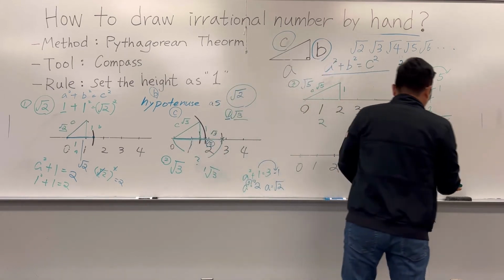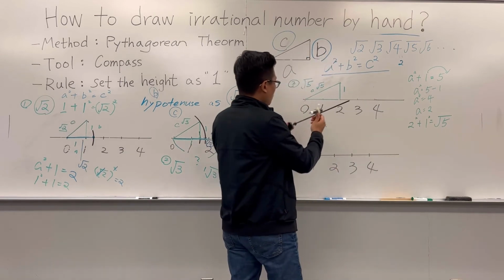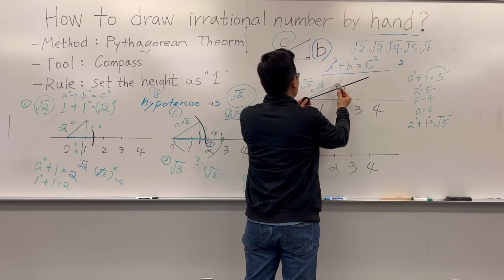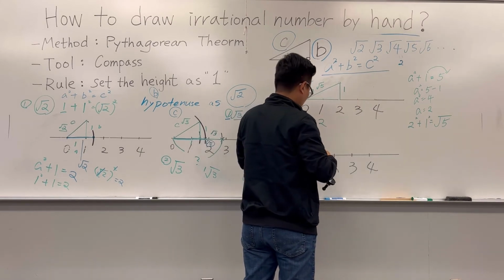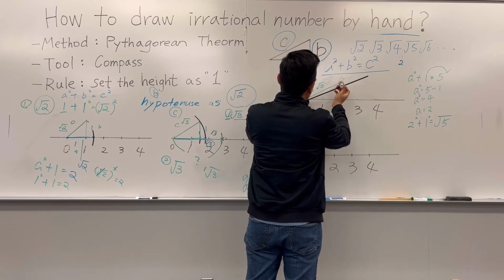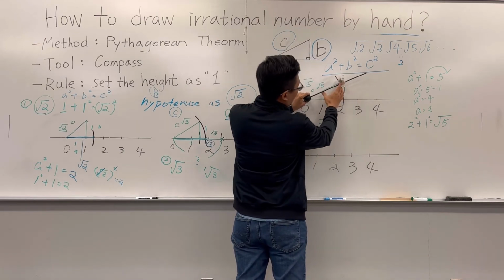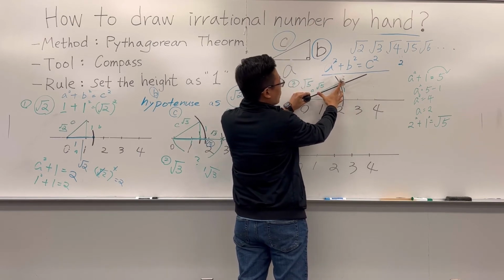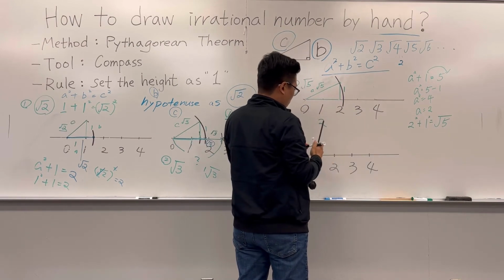So, again, use the compass. We start from here, and I get the length. Because this hypotenuse is the square root of 5, I use my compass to transfer it onto the number line.